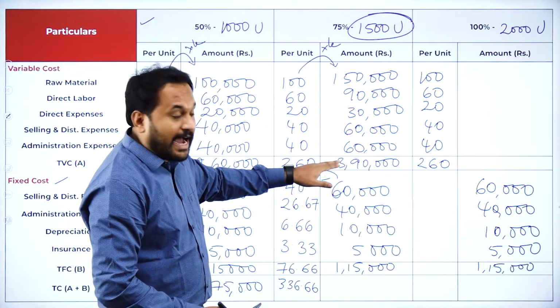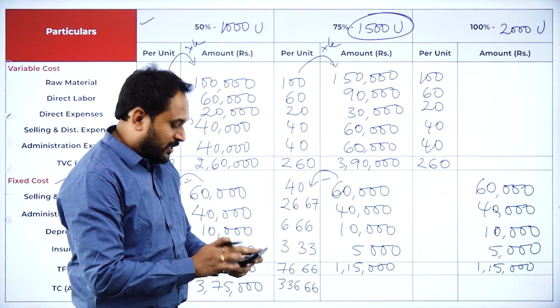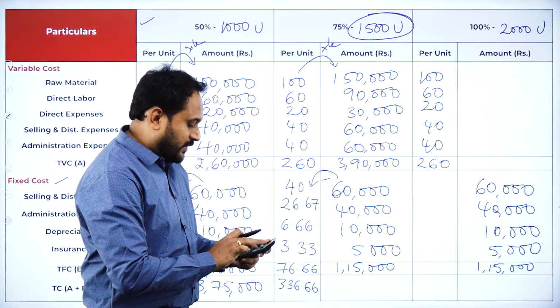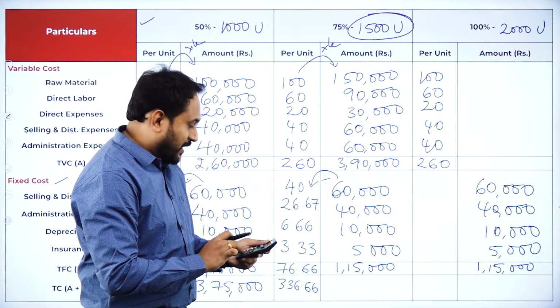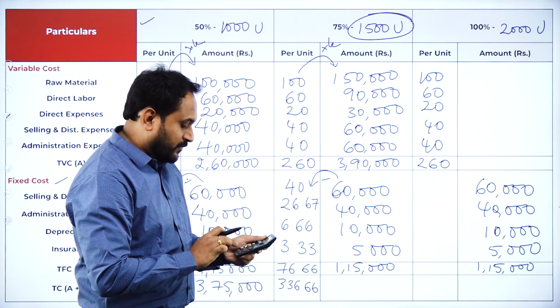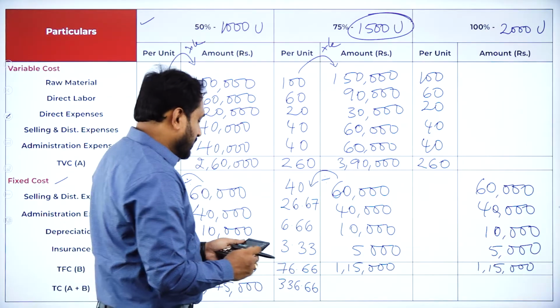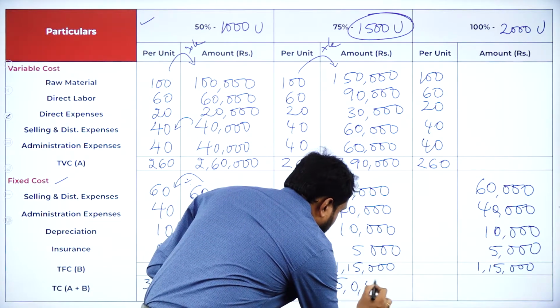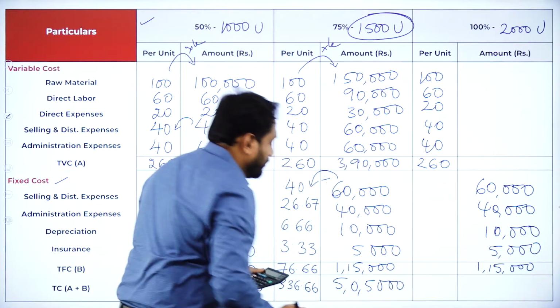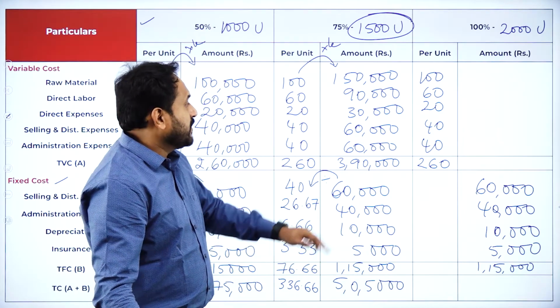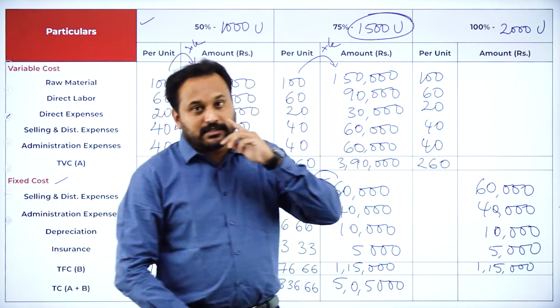I want you people to add 3,90,000 plus 1,15,000 is equal to 5,05,000. 5,05,000 is what you have got. So this is what the thing is. Next thing, same way for 100% you are supposed to calculate.